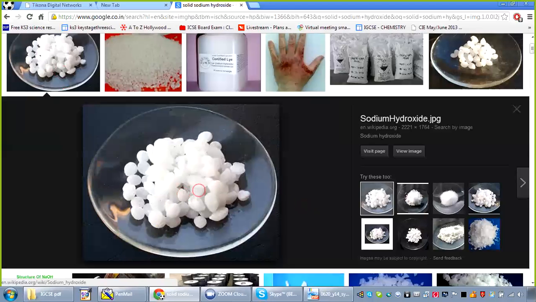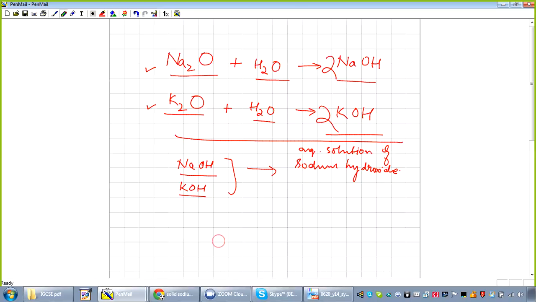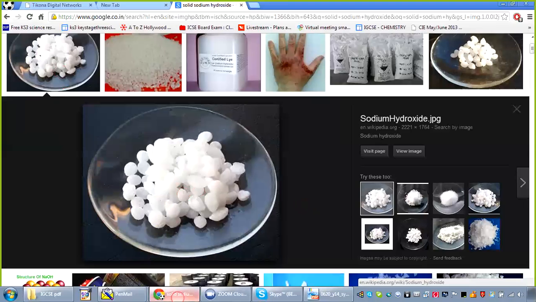And how is that solid sodium hydroxide obtained? By adding water to sodium oxide. If you are adding a limited amount of water to it, then you are going to get this solid sodium hydroxide. But this solid sodium hydroxide also, you can dissolve it in water and you can get its solution. Correct.